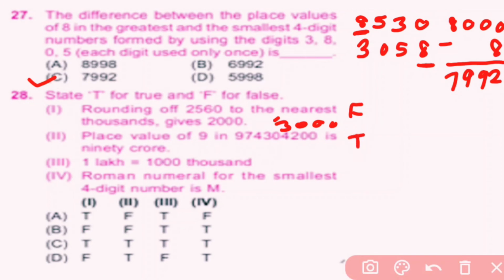This is a true statement. 1 lakh is equal to 1000. This is false because 1 lakh is equal to 100,000. The Roman numeral for the smallest 4-digit number is M. The smallest 4-digit number is 1000 and it is written as M in Roman numerals. So this is a true statement. So false, true, false, true. So option D is correct.